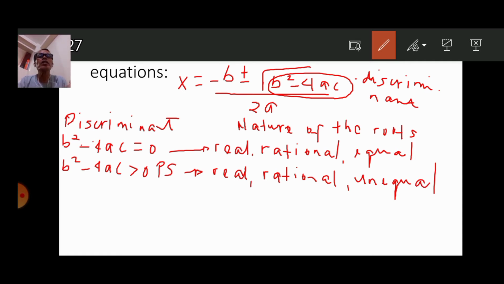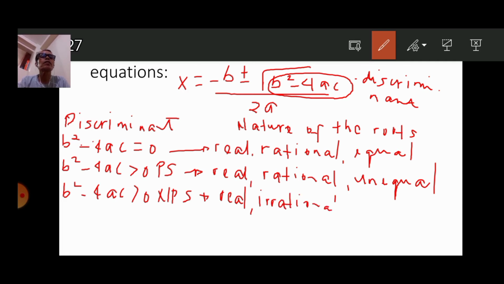Now, if the discriminant b squared minus 4ac is greater than 0 but not a perfect square, the roots are real, irrational, and unequal.